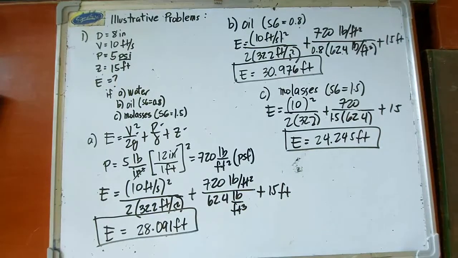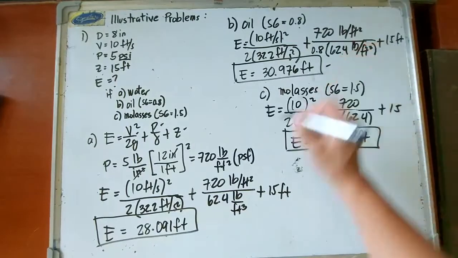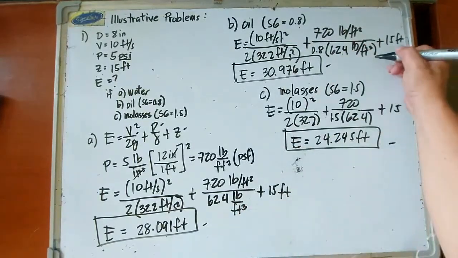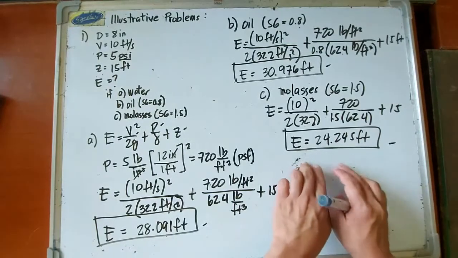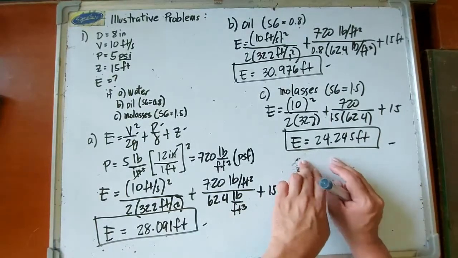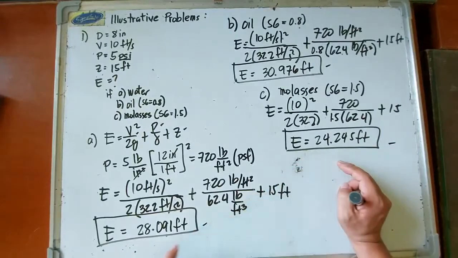Now, you compare the three energies. The difference is only the unit weight, no? Their unit weights. So, observe that the heavier the liquid, the less energy is produced. For example, molasses is heavier than water. The water's specific gravity is 1, no?